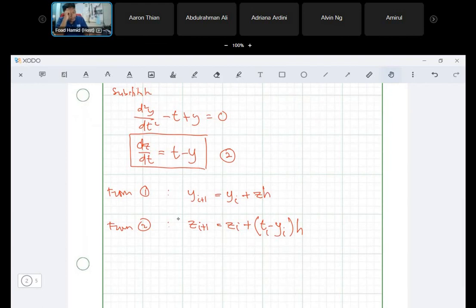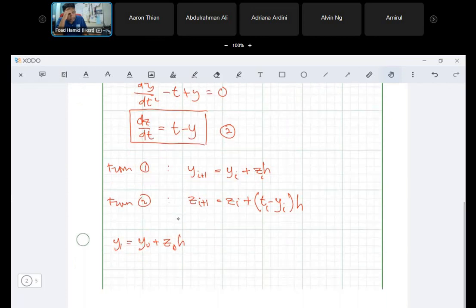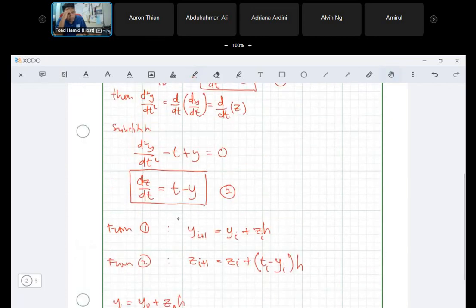So in our first iteration, we can see that y1 equal to y0 plus z, sorry, not z1, z0, times h. So what is y0?